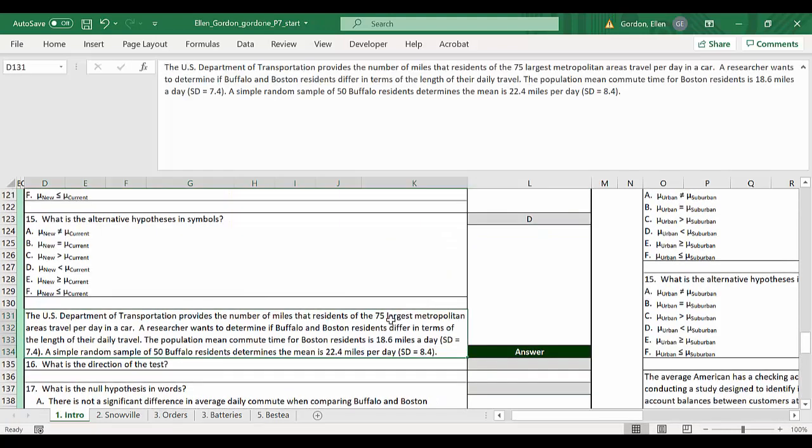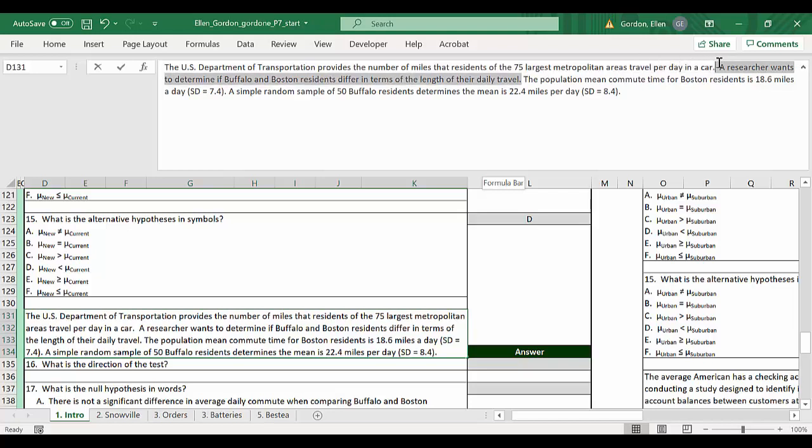A lot of times when people read this, they think that it's actually a one-tailed right, and that the alternative hypothesis would be that Buffalo residents travel more than Boston residents because they see these means and Buffalo is greater than Boston. However, it's important to note that the research hypothesis is your prediction, and you determine your prediction before you compute the means or before you look at the data.